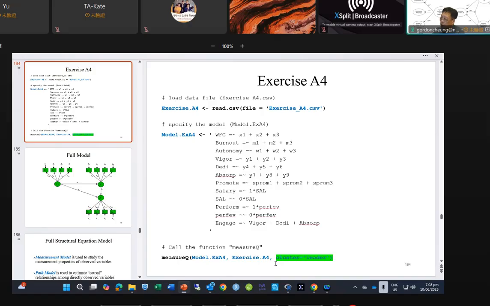We can add a command here: cluster equals your grouping variable or the cluster variable called leader. So I have an ID for the leader, and each leader may have more than 1 subordinate, 1 record. We will come back to this on our last day, when we talk about multi-level models. When we talk about multi-level models, we will come back to the cluster variable.